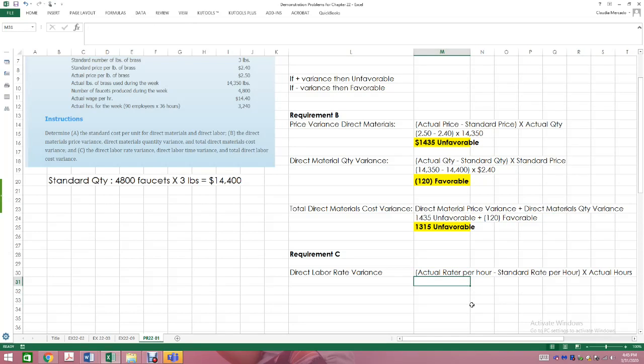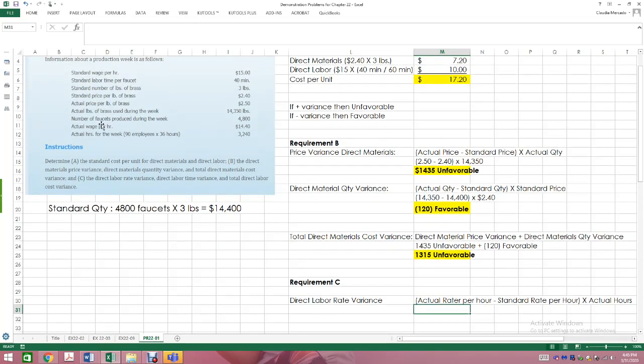My actual rate per hour, actual wage per hour is $14.40. Your standard rate per hour is $15. Okay, so we're going to do the $14.40 minus the $15, and then we need to multiply by the actual hours.